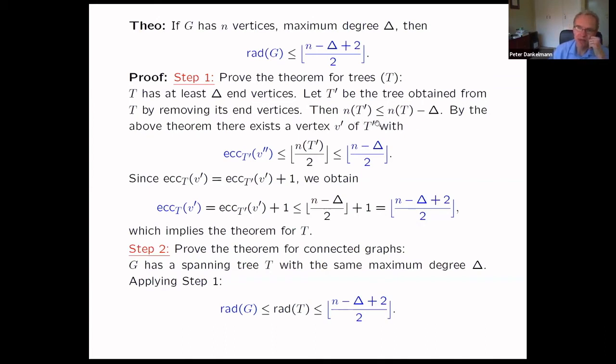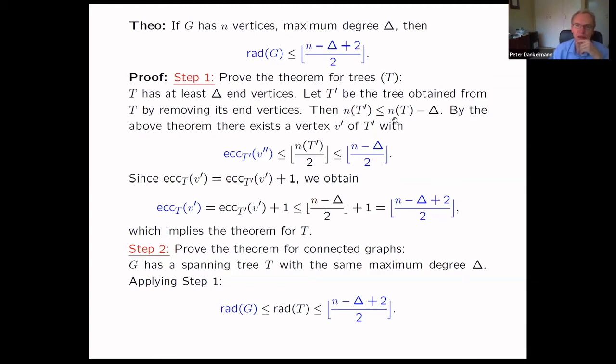Then the number of vertices of T prime is the number of vertices of T minus delta. But the number of vertices differs by delta, while the eccentricities of the two graphs, or the radii, differ by only one. So to do that more formally, let's look at T prime.